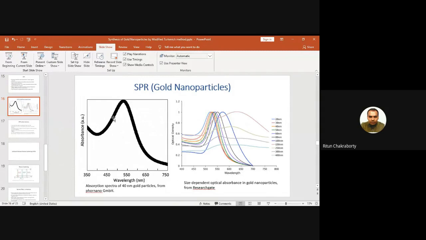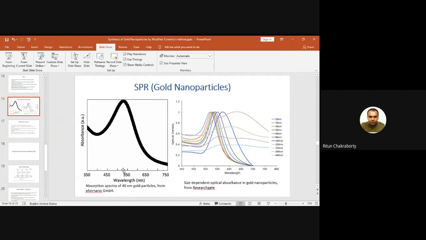This is the maximum absorption, because here we have wavelength and here we have absorbance. This is the maximum absorption for the 14 nanometer size gold nanoparticles, and it appears at around 520 or 530. The wavelength is plotted along the x-axis.